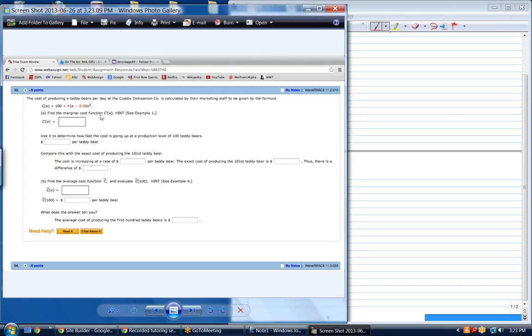Okay, this is what I thought your consumer demand was going to be doing yesterday. This is marginal cost, which means the cost of producing the next item. In other words, if you produce x teddy bears per day, what would the cost of producing the next teddy bear after that be? Well, it's the derivative, so what's the derivative of that function?